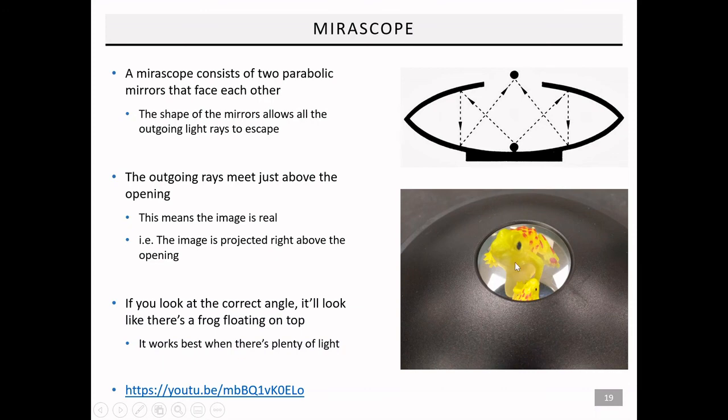If you look at the right angle, you can see a frog that looks like it's floating on top of the UFO. In reality, the actual frog is at the bottom here, sitting on the bottom, but the image of the frog is being projected up above this black UFO, and it's a really impressive sight to see, and it is unfortunate that you guys can't see it.